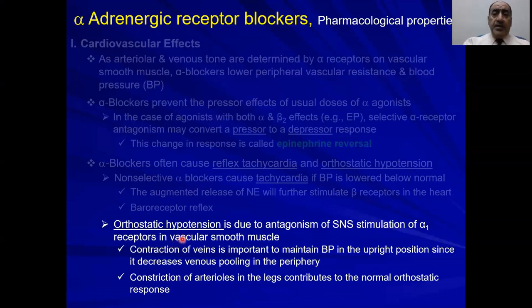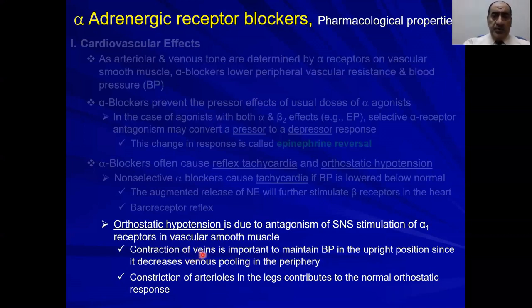So normally, the sympathetic nervous system, as we said, will cause vasoconstriction, right? If you don't have this vasoconstriction, you cannot maintain blood pressure in the upright position when you try to stand up, right? And this will cause venous pooling in the periphery and orthostatic hypotension. In addition, this is on the veins level.